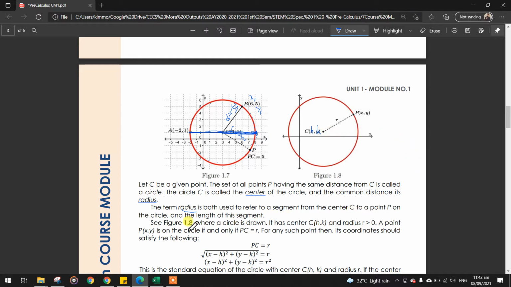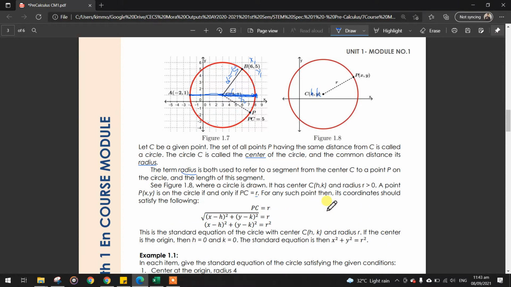So a point P x y. So atong nadatay isa ka point then yung coordinate kay x and y and that is on our circle. And our distance from our P going to our C, 'di ba? This is what we call our radius or that is denoted by the symbol r.